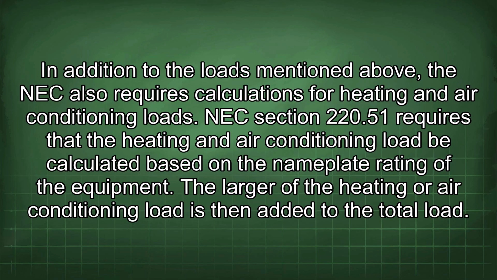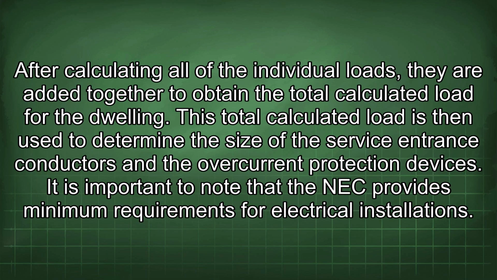In addition to the loads mentioned above, the NEC also requires calculations for heating and air conditioning loads. NEC section 220.51 requires that the heating and air conditioning load be calculated based on the nameplate rating of the equipment. The larger of the heating or air conditioning load is then added to the total load. After calculating all of the individual loads, they are added together to obtain the total calculated load for the dwelling.